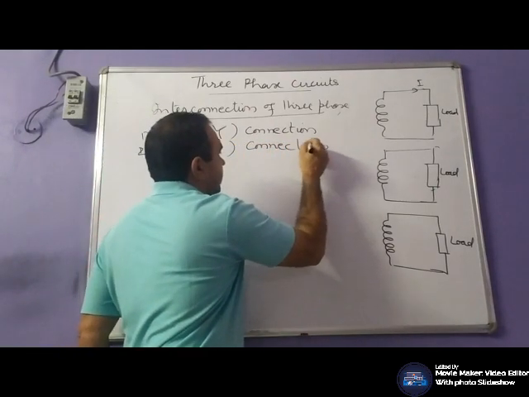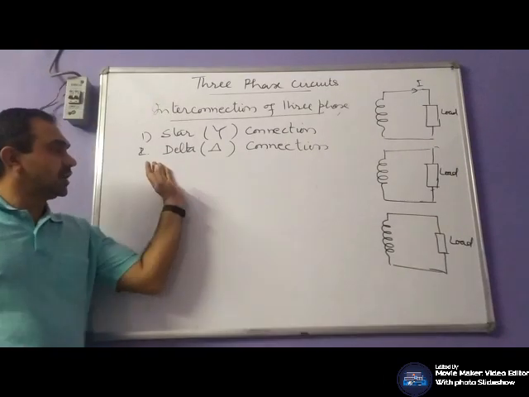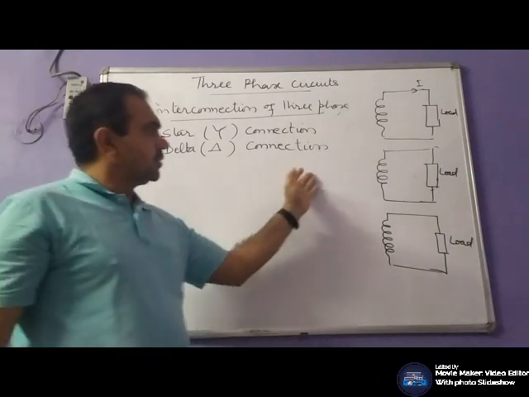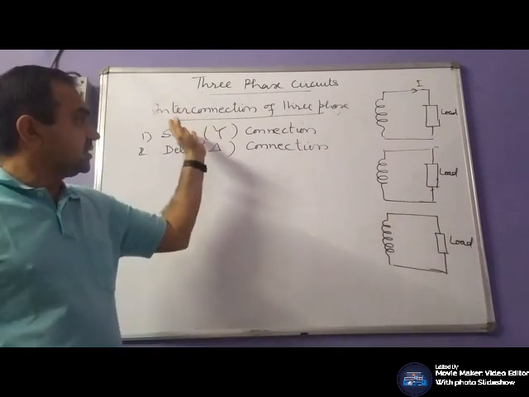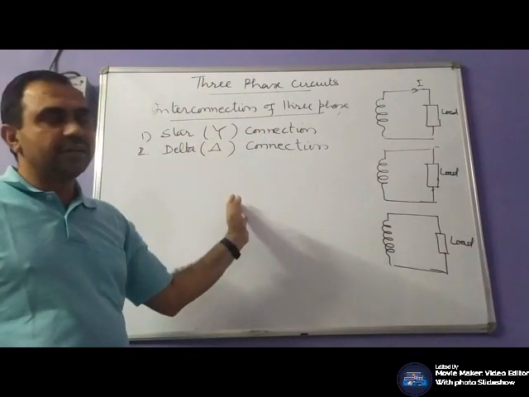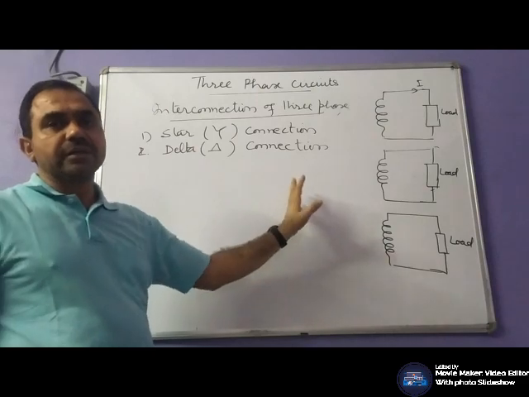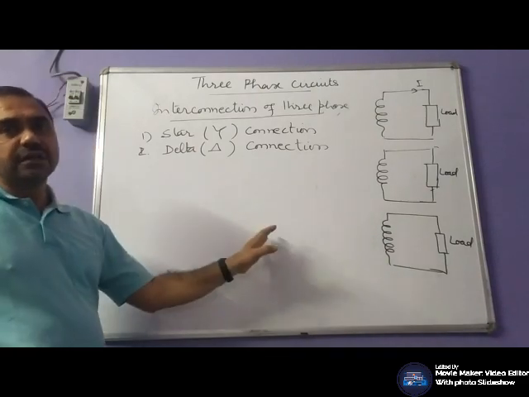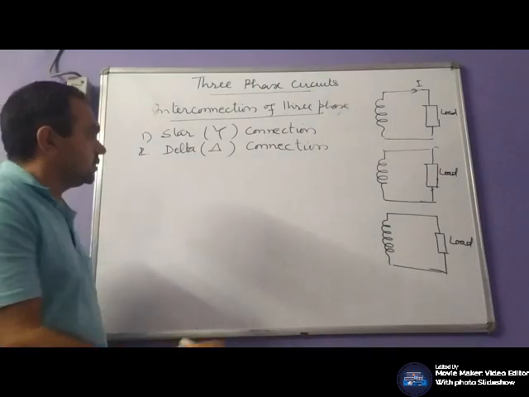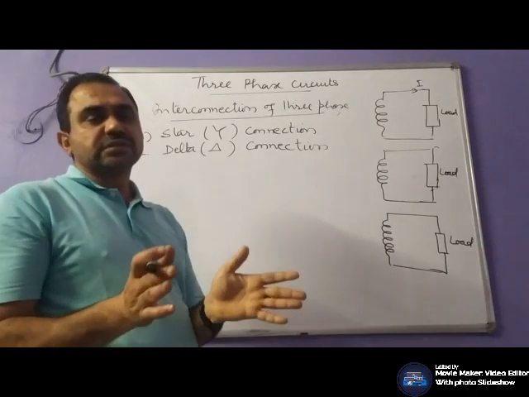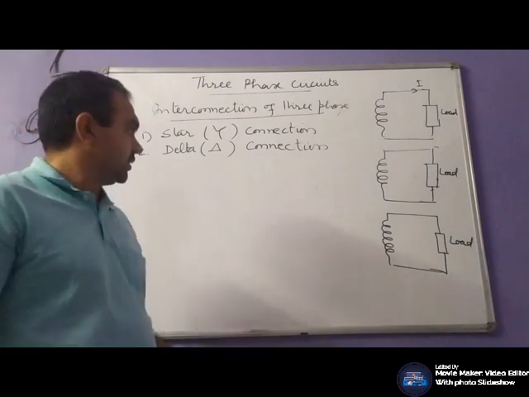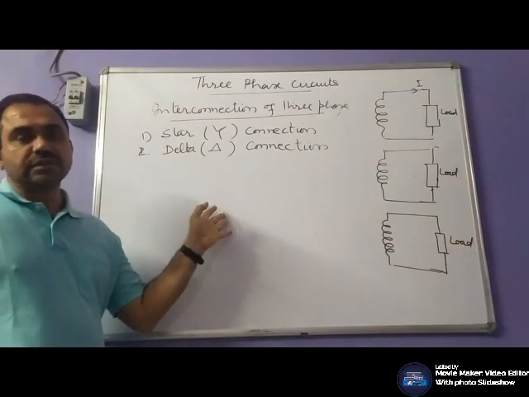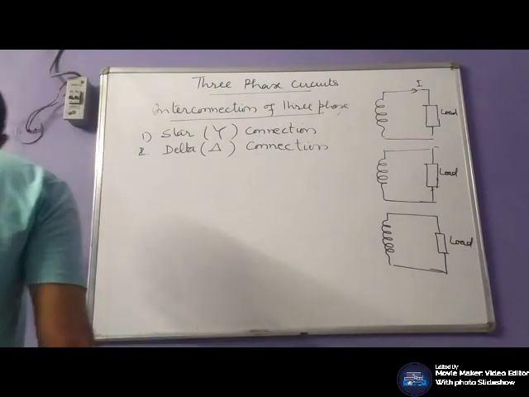So we will understand the relationship between the line voltage and phase voltage when the system is connected in star, the line current, phase current, and what the power would be, with the help of phasor diagrams. A phasor diagram just indicates the relationship between voltage and current of a particular phase. So we will draw the phasor diagram.